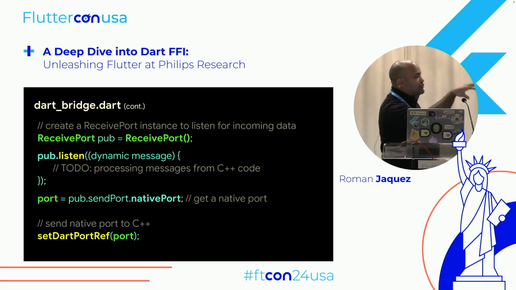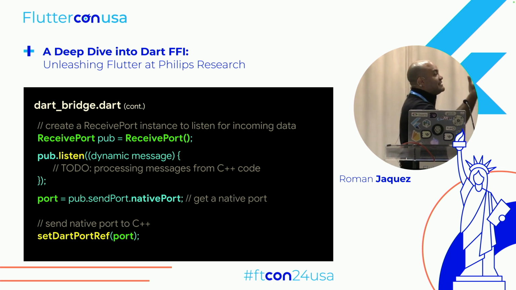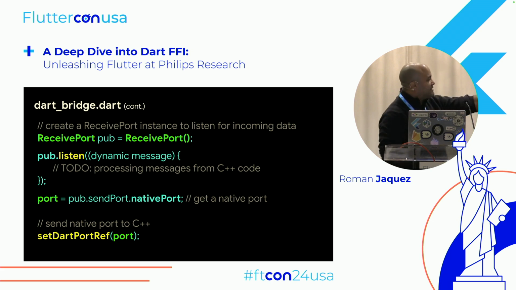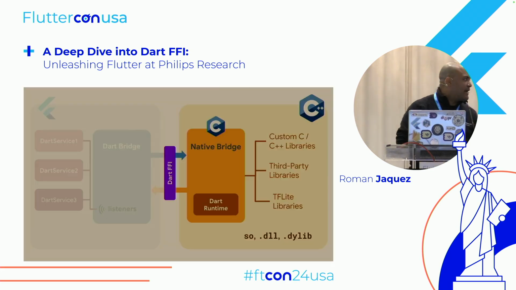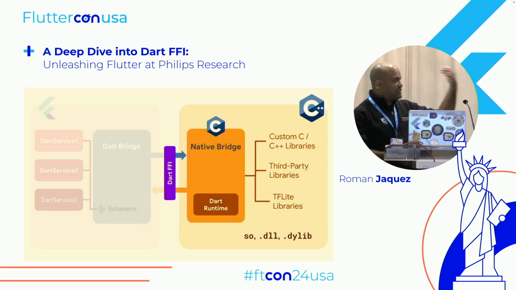So now you're ready to start listening for messages. But who's going to send you the message? You need to send the native port to whoever you want to send you information. In this case, we're going to grab the native port of the corresponding send port of the receive port and give it to C++. So we send that port down to C++, and now we're ready to send messages up to Dart.